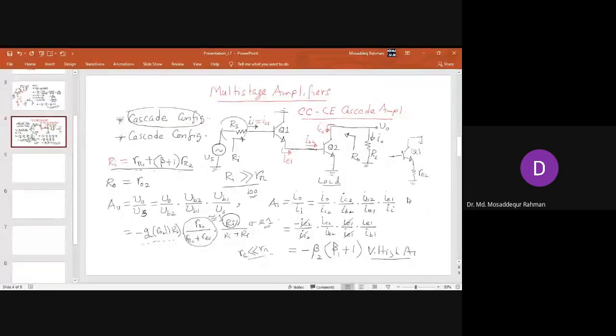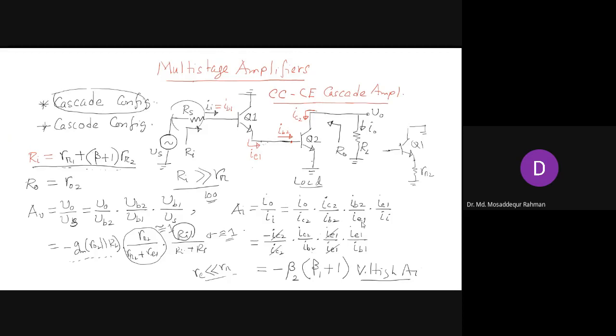Okay, so today we'll start with a small modification of this circuit. We'll add a resistance here. Let's say we have a resistance R at this point.